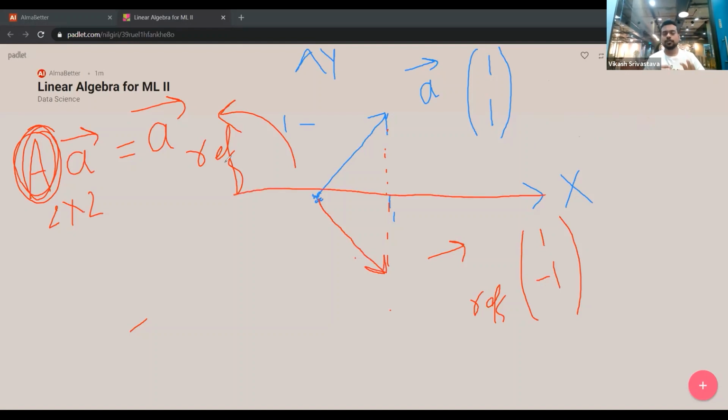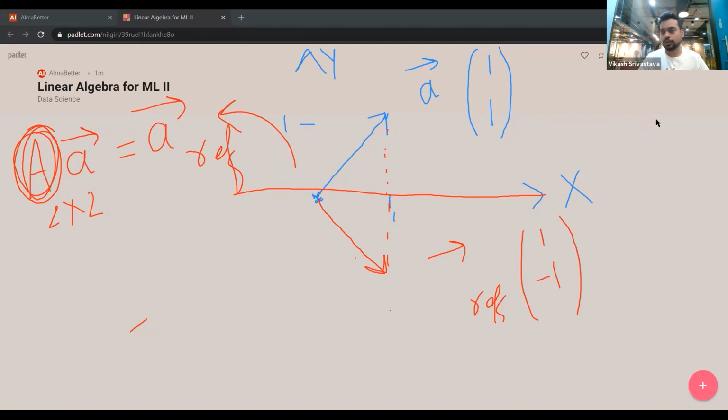Think of a matrix always in terms of transformation. A matrix is essentially doing some transformation, or it's equivalent to saying that this matrix induces a transformation on this vector to give us another vector, which in this case is a reflected vector.